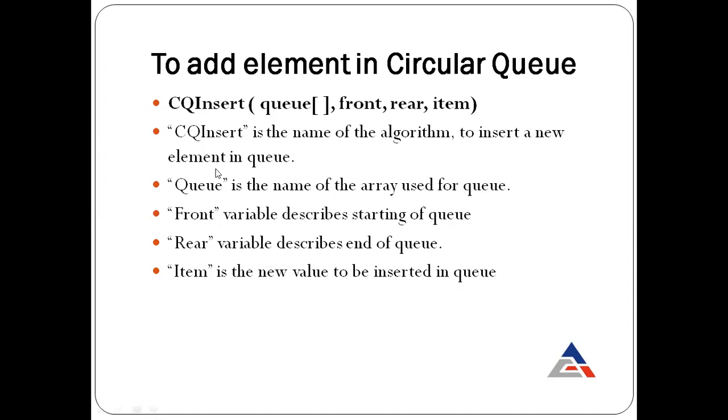CQ insert is the name of the algorithm to insert a new element in the queue. Queue is the name of the array that I have used to create the queue. Front is the variable describing the starting point of the queue. Rear variable describes the end point of the queue, and item is the new value that I want to insert in the queue.